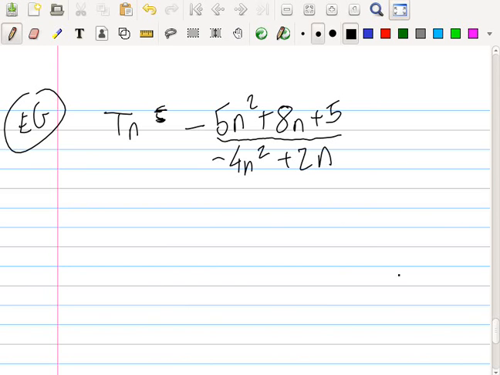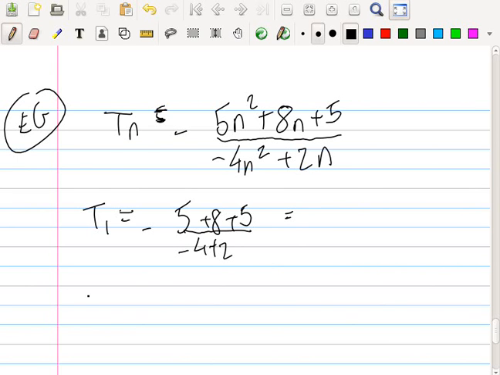Now, let's look at this one. The first term is when I put n equals 1. So if you put n equals 1 into this, what do you get? Well, you'll get minus 5, the minus is on the outside of the fraction. You'd get 5 plus 8 plus 5 over minus 4 plus 2. Just type this in, but put n as 1.